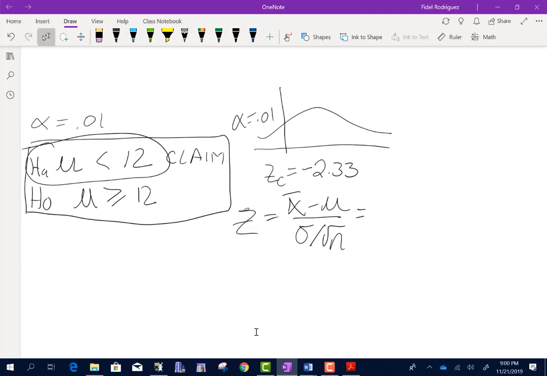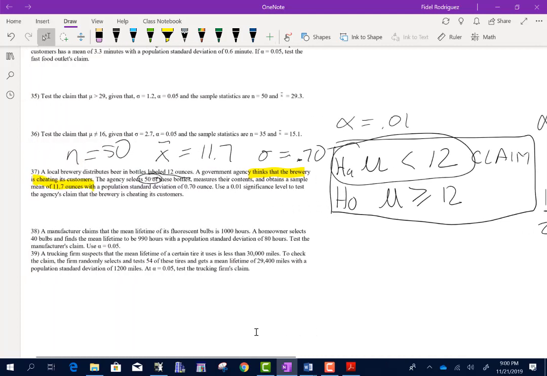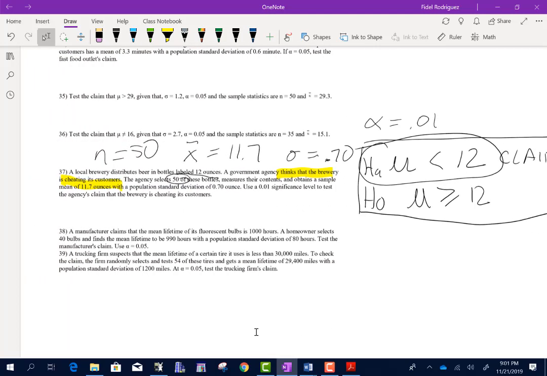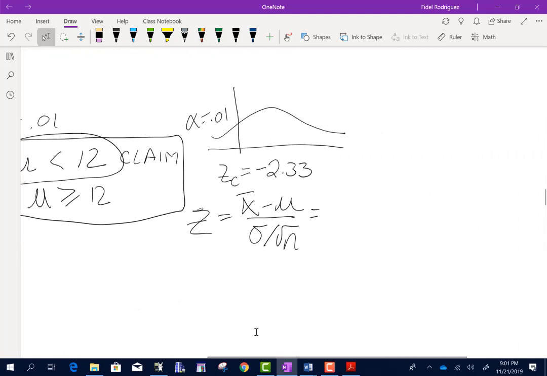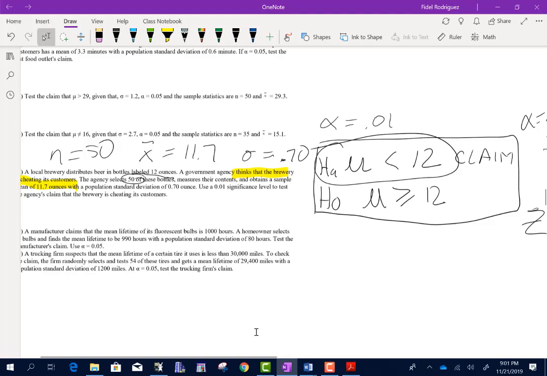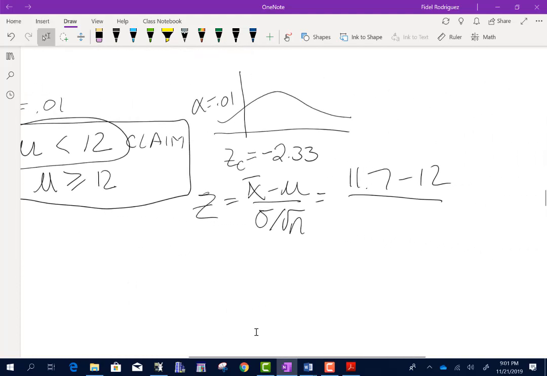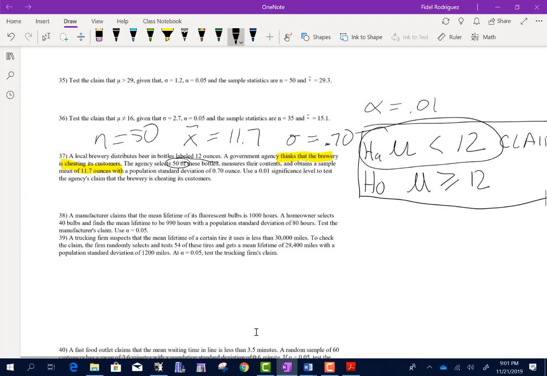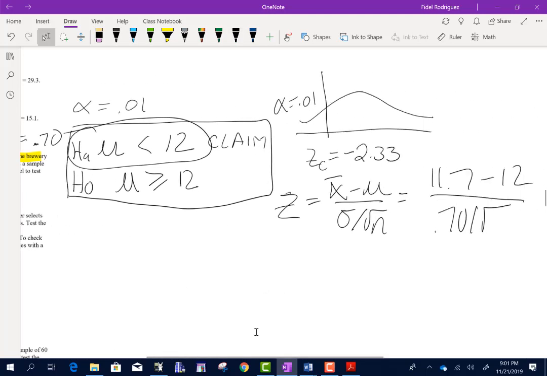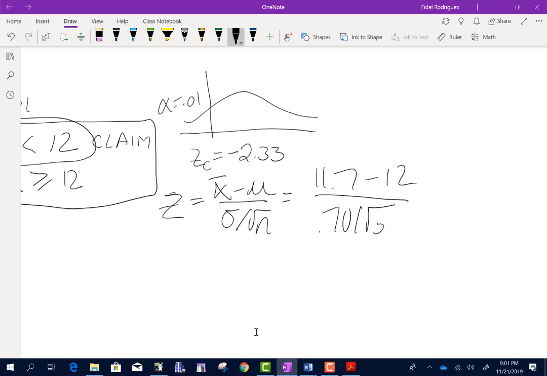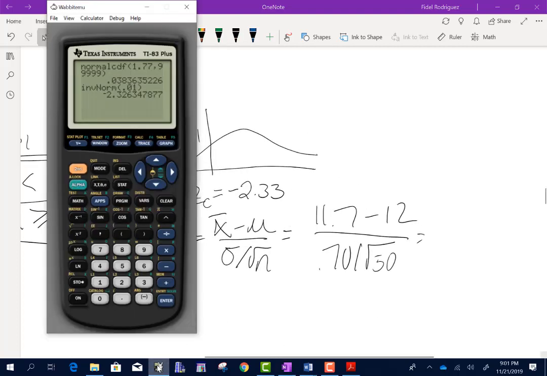All right. So what was our X bar in this case? 11.7. So I'm going to go 11.7 minus 12 divided by, what was our sigma? 0.70, divided by the square root of, what was our N? Square root of 50. Right? Okay. So let me take my calculator and let's do this.